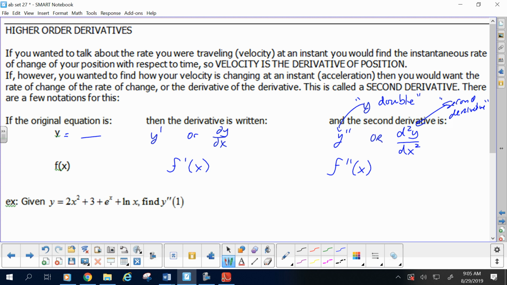f double prime. Would you write yourself a note here? In function notation, you use primes through maybe the third derivative. For example, that might be f triple prime.